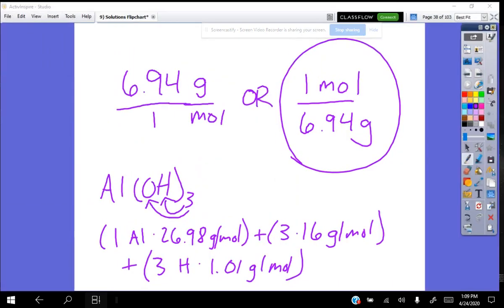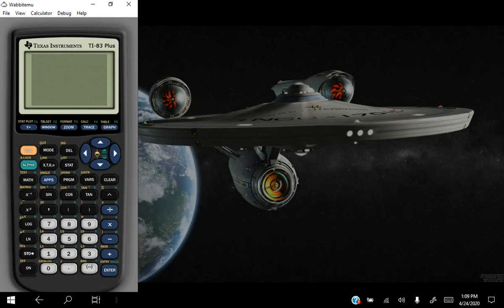We can go back in the calculator and set up our work just like that. 1 times 26.98. And notice I keep each section in parentheses, plus 3 times 16, close parentheses, plus 3 times 1.01, close parentheses.